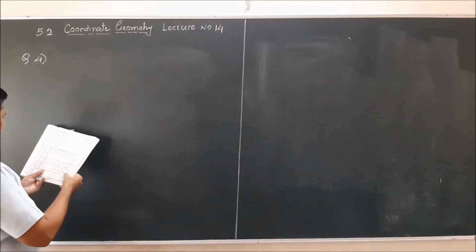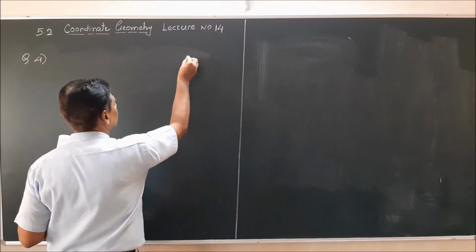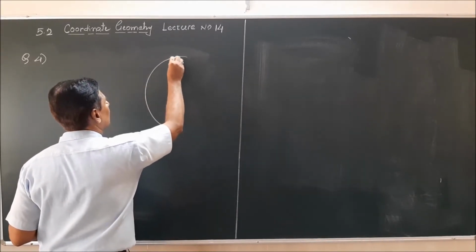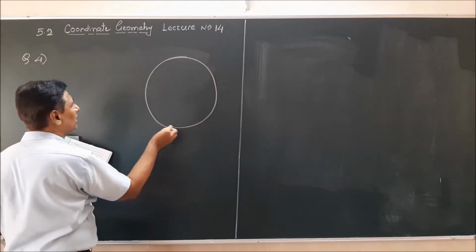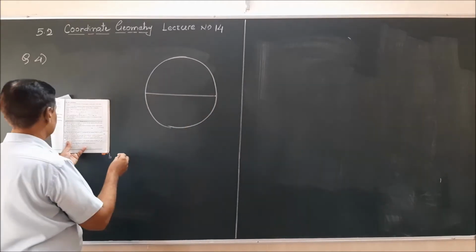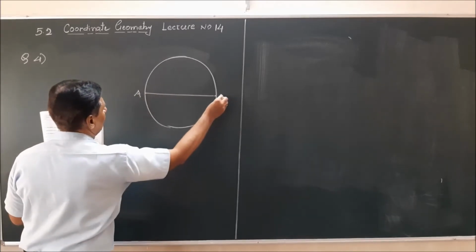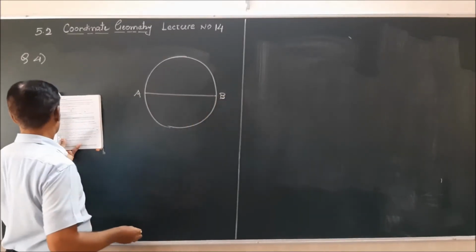They have given us here point P is the center of a circle and AB is the diameter. So in case if I draw this circle, in examination no need to draw this circle. Please try to understand this. So AB is the diameter.